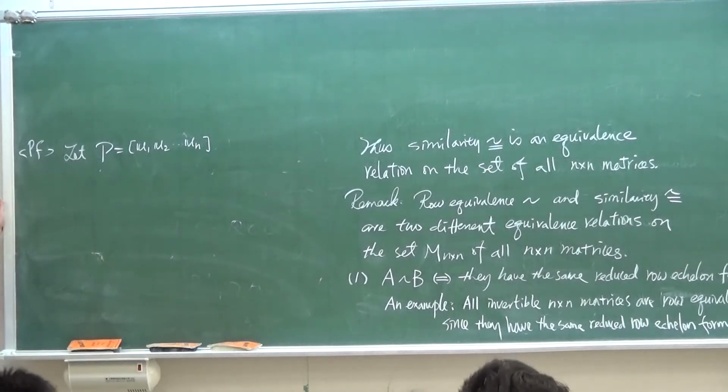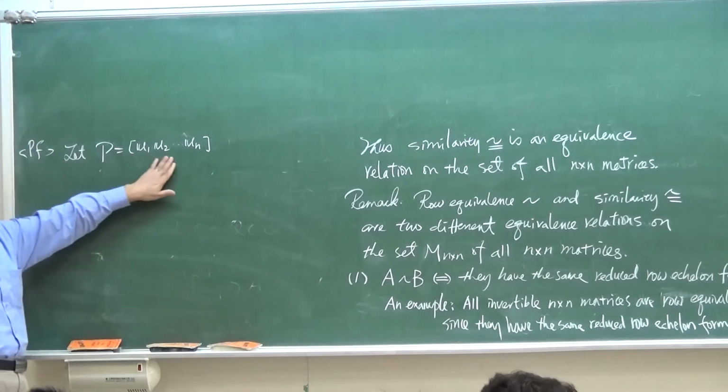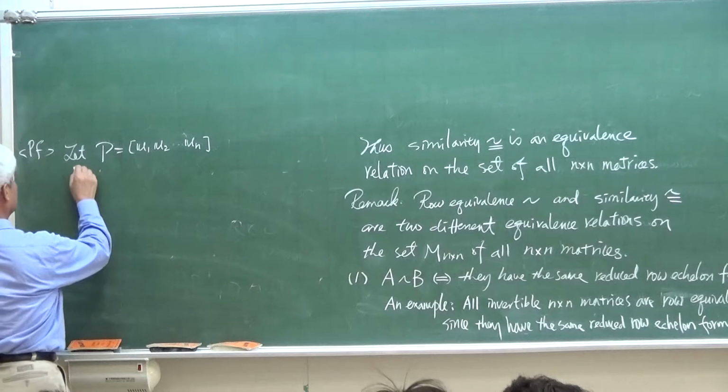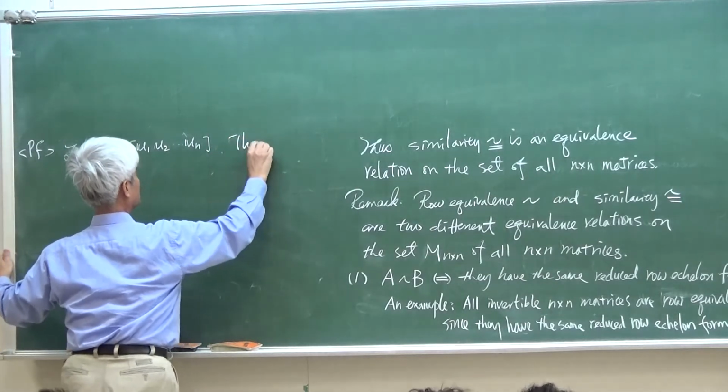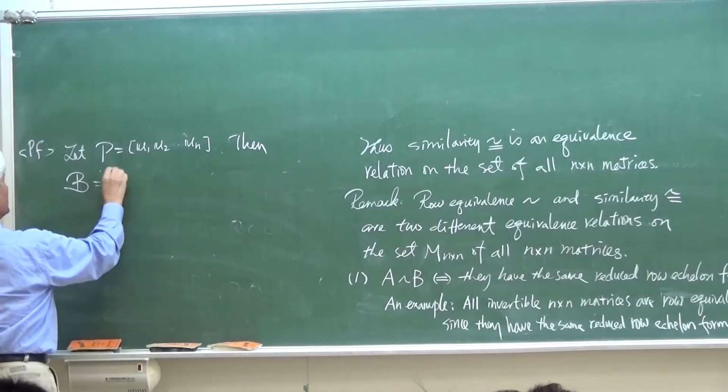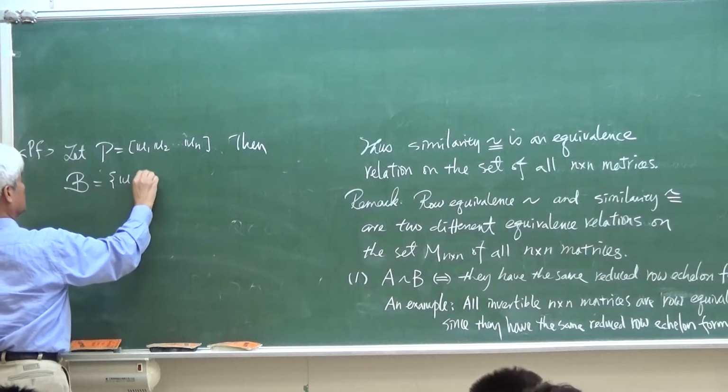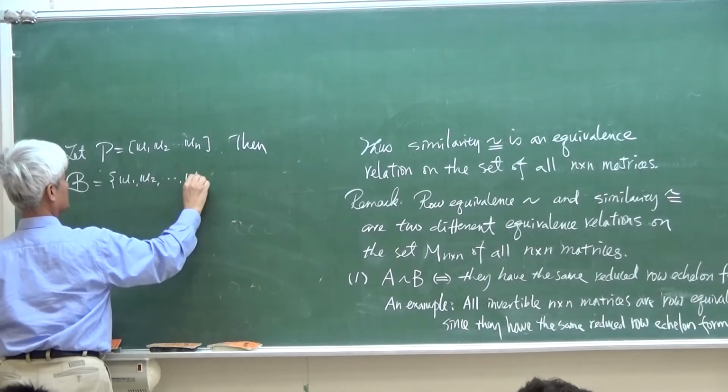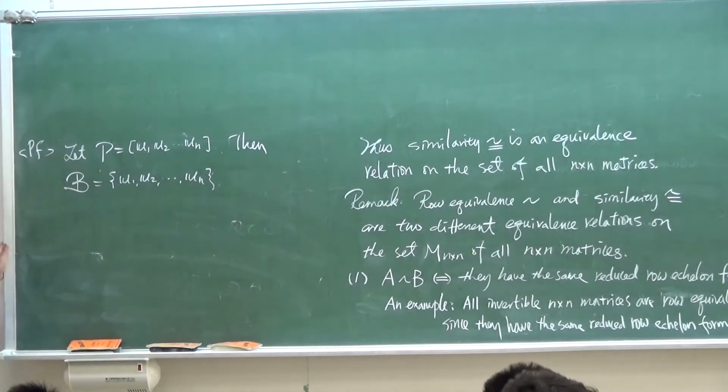So let the invertible matrix P read this way. Then the basis, U1, U2, up to UN.